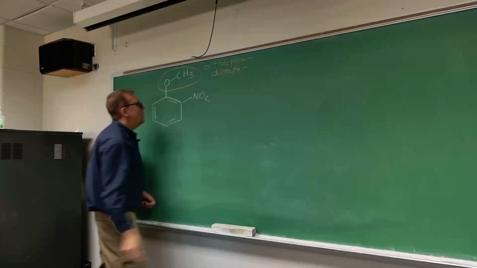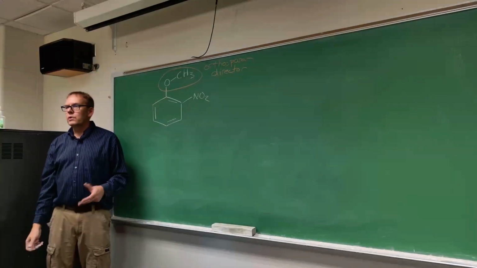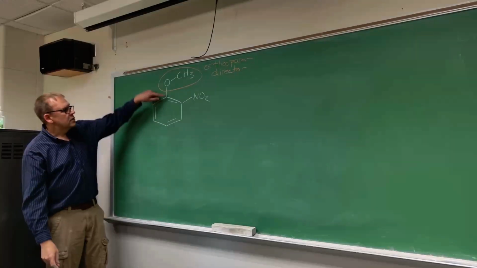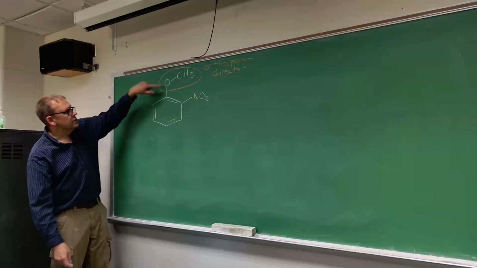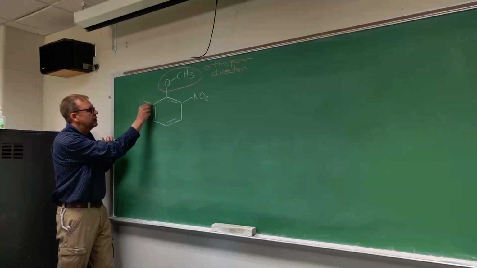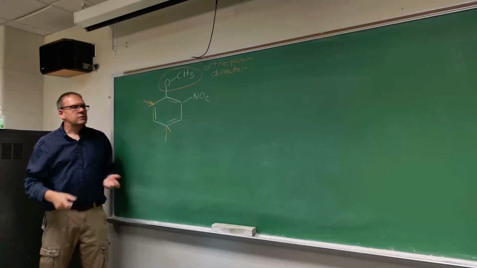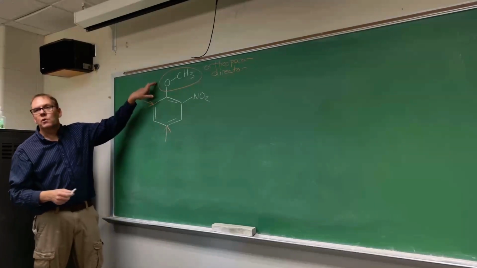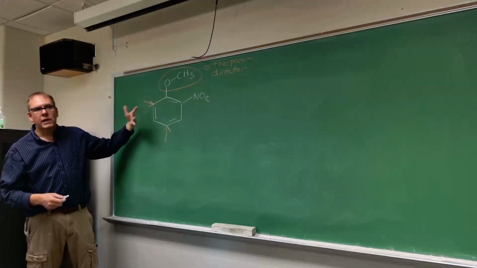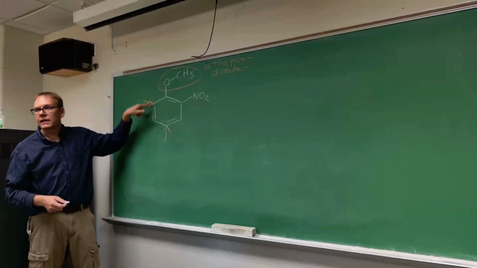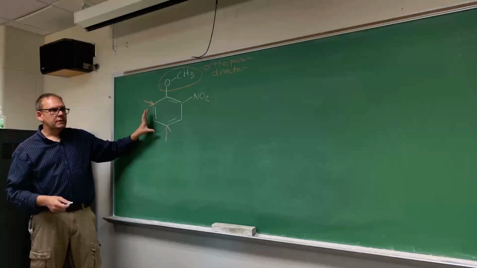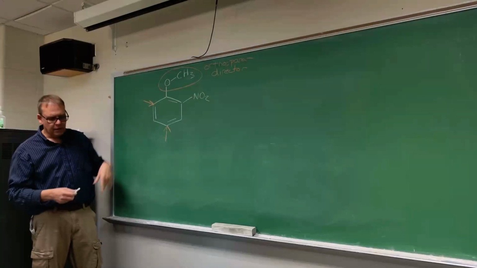So it wants the substitution to happen ortho and para relative to it. So this is the ortho position relative to that ortho-para director, and here's the para position. So those are the two spots that the methoxy wants to make react. It makes these spots partially negative, and that makes the electrophile want to attack here.